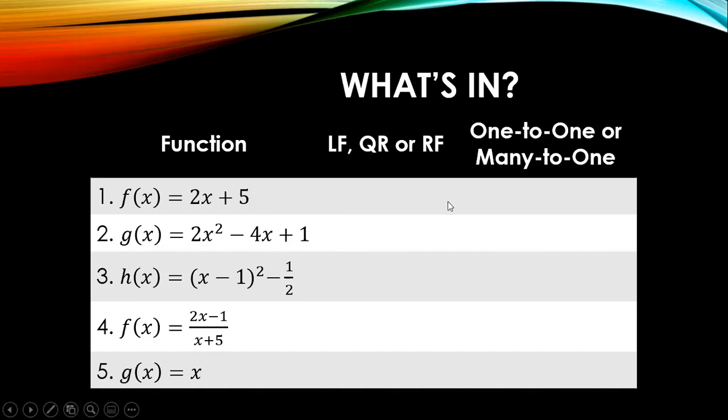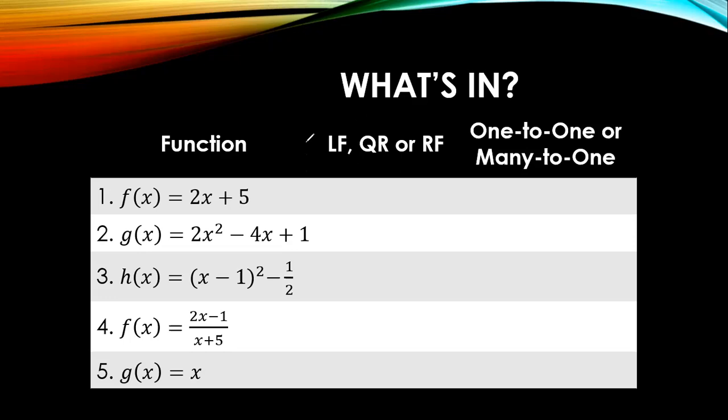So for number 1, f of x is equal to 2x plus 5. So masabi natin na linear, if wala siyang denominator. Okay, so linear nga.